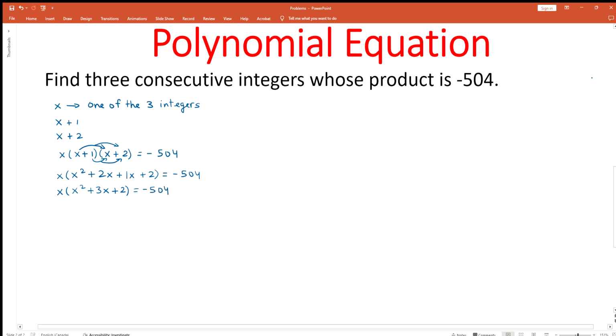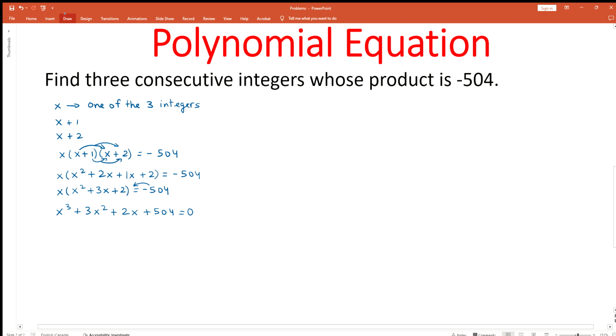Next, we should distribute the x into the parentheses. We should multiply each term in the parentheses by x. I get x cubed plus 3x squared plus 2x, and we can move -504 to the left side of the equation so that we can set the equation equal to 0 and solve it. It changes to plus 504. This is the equation we have to solve to find the value of x.